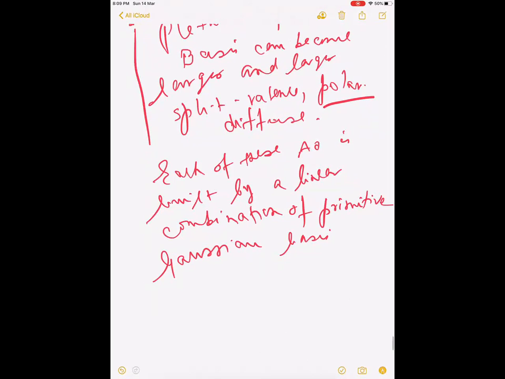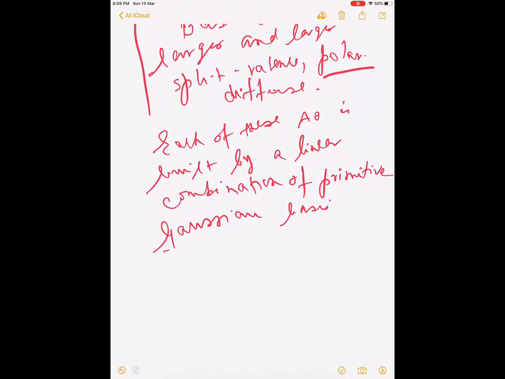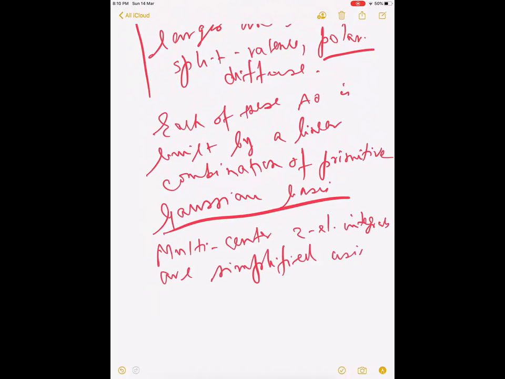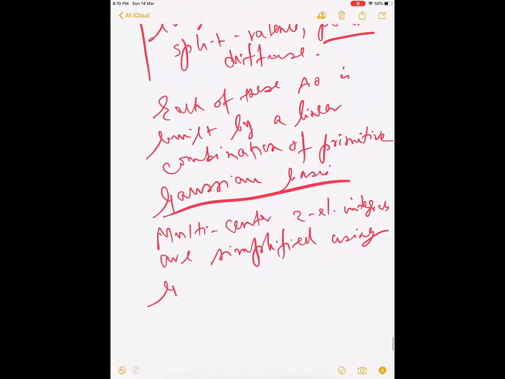So you have a contracted Gaussian, which is the atomic orbital, and primitive Gaussians. Let's not forget why we do this. I told you at the beginning of the class that the multi-center two-electron integrals are simplified using Gaussians. That's the main reason we use Gaussians.